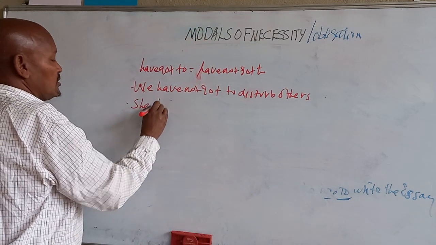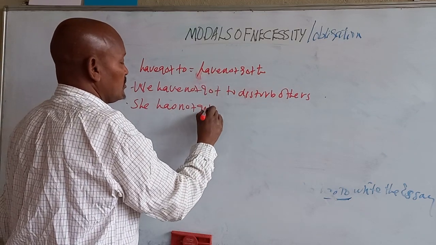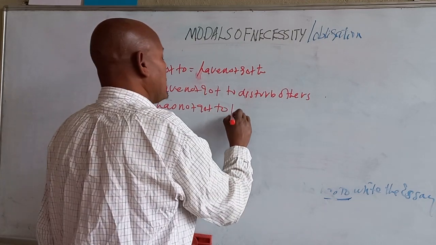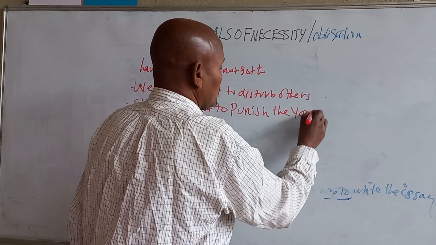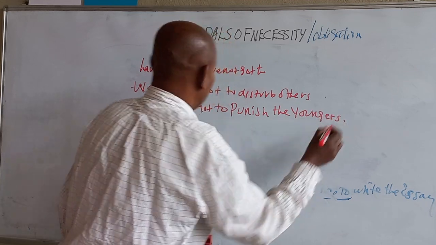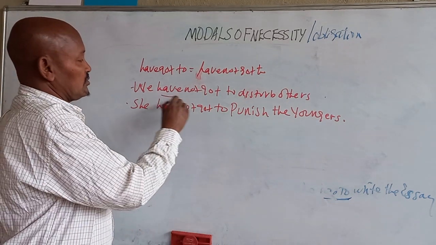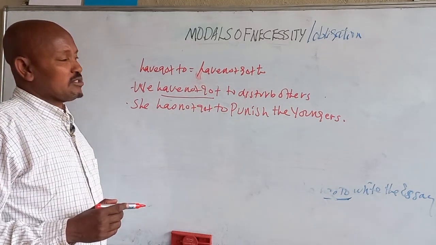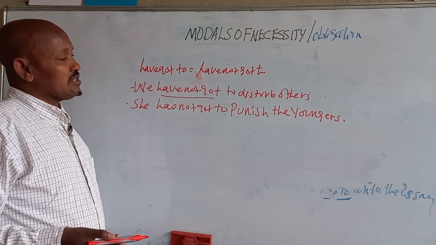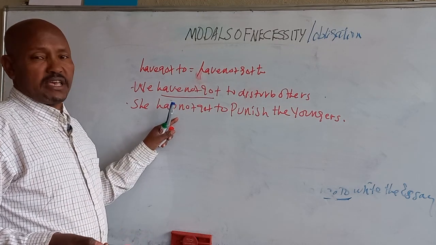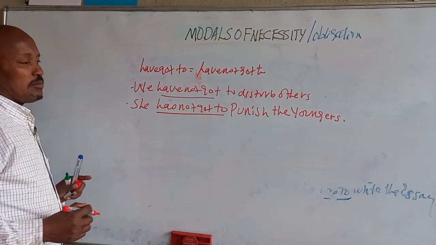Or she has not got to punish the youngers. Look here. We have not got to disturb others. It's not necessary to disturb others. She has not got to punish the youngers. It's not necessary to punish the youngers.